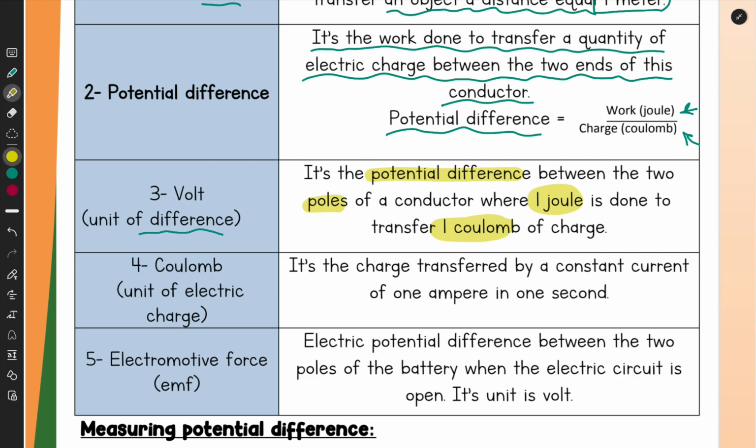Number 4, coulomb, unit of electric charge. Of course, it is the charge transferred by a constant current of 1 ampere in 1 second.